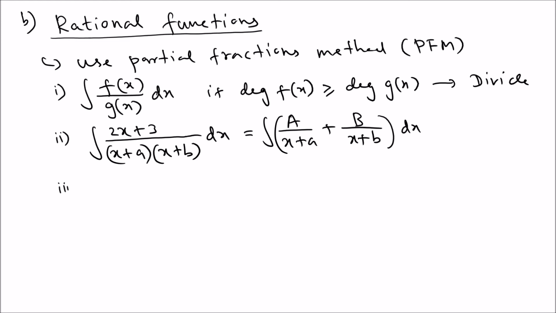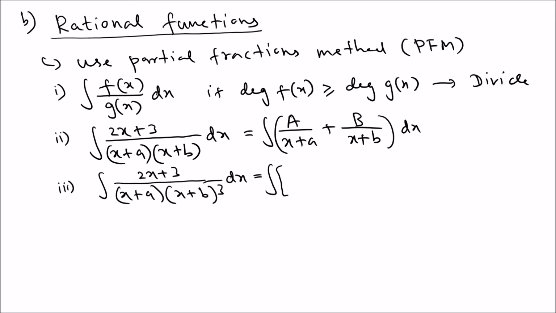And the next one is where you can see some repetition. Let's say you have a numerator like that, and then x plus a, and here x plus b cubed, something like that. If you see a repetition, you're going to rewrite the one without repetition.